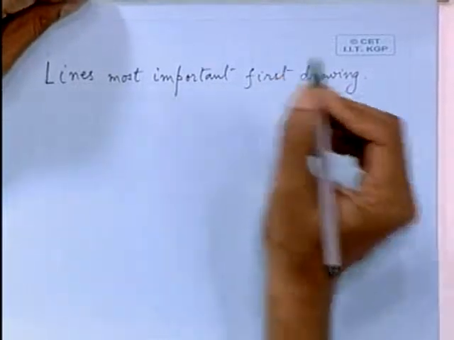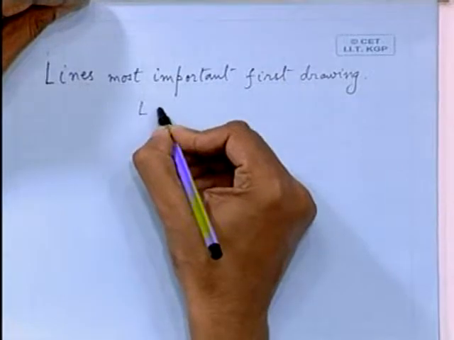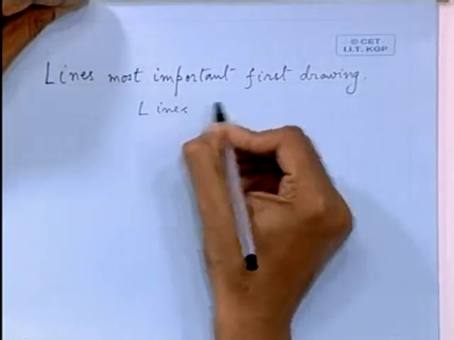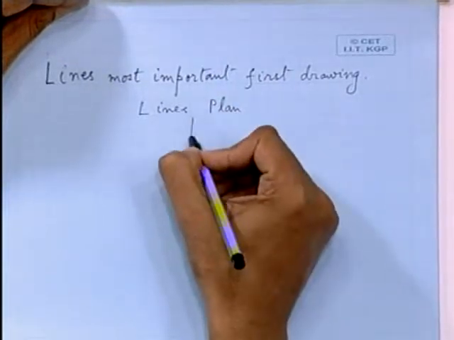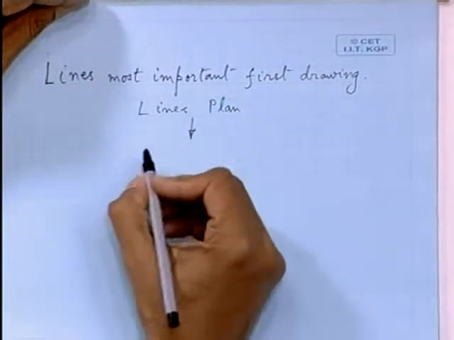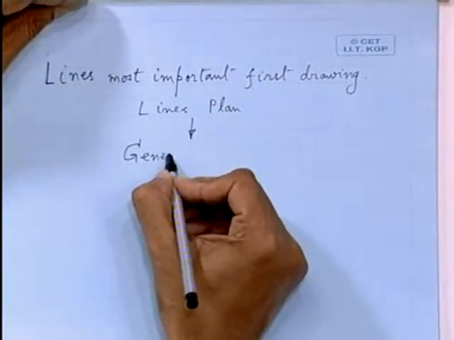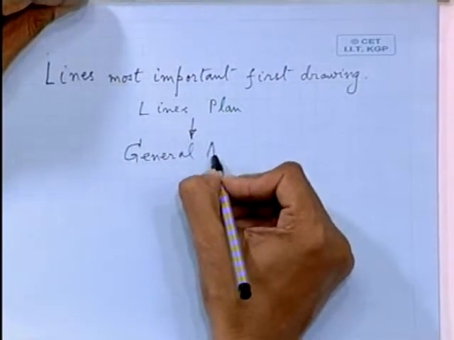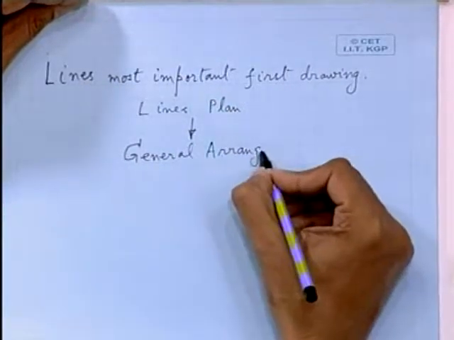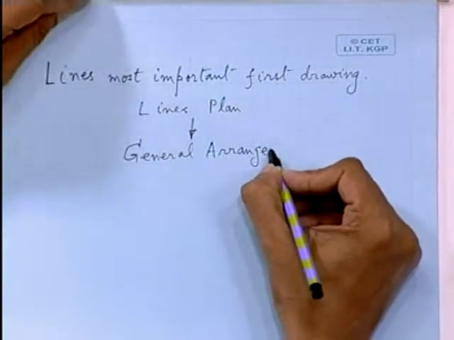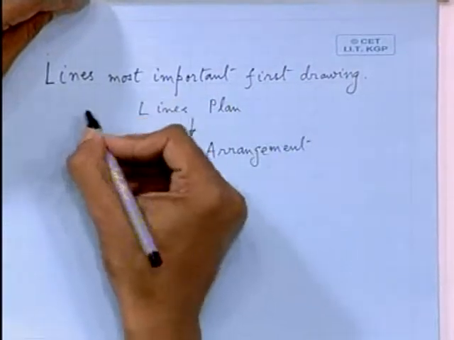So you have your lines drawing, normally we call this a lines plan. The next drawing that will come out of this lines plan is your general arrangement drawing. So these two drawings are very, very important.